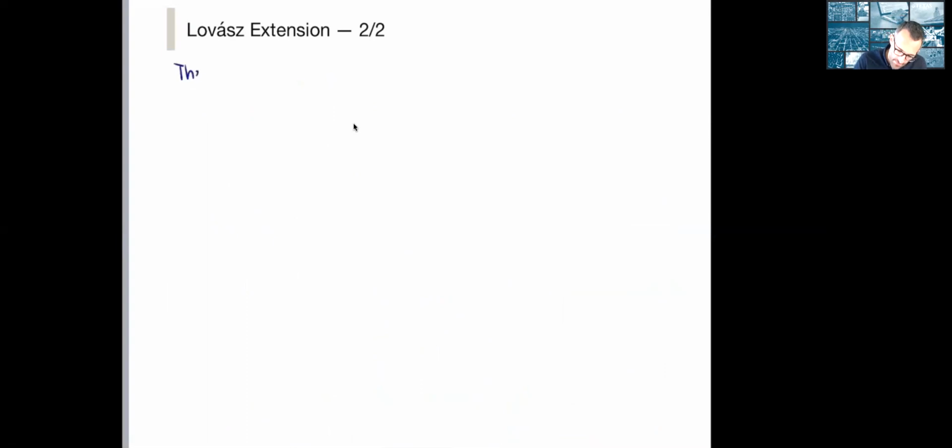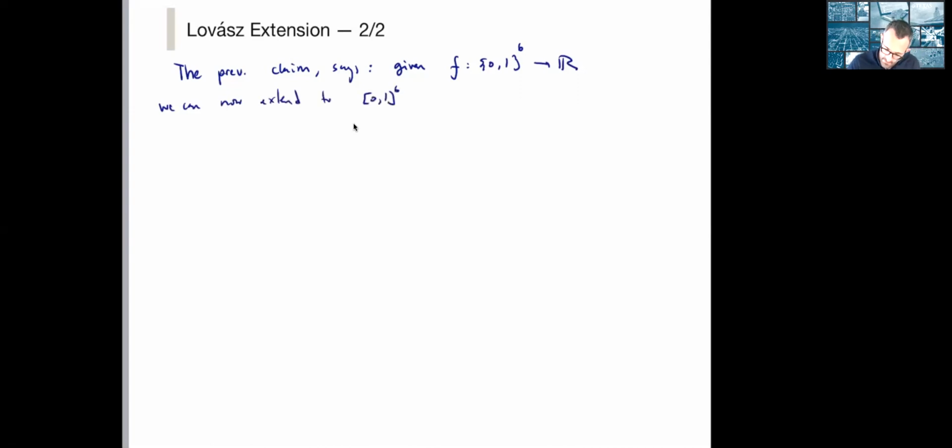So basically, the previous claim, the exercise, says the following: that given a function from 0,1 to the 6, I'll write 6 to stick with that example, to R, we can now extend it to all of [0,1]^6 by applying f linearly to our decomposition.